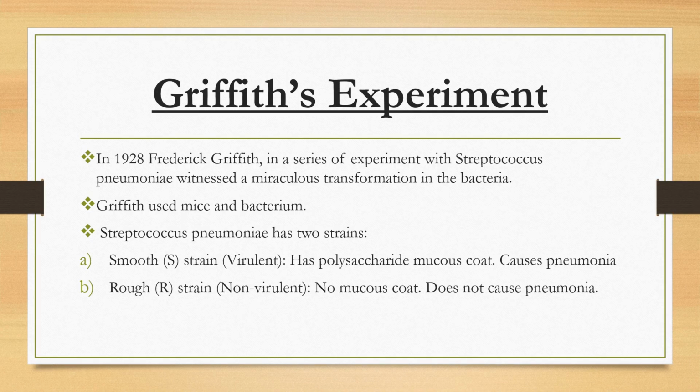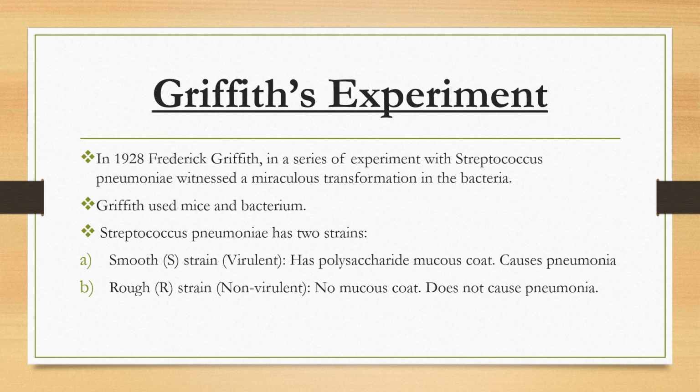This experiment, the transforming principle experiment, was done by Frederick Griffith. He did a series of experiments, and he used the bacterium Streptococcus pneumoniae. The bacterium was causing the pneumonia disease.